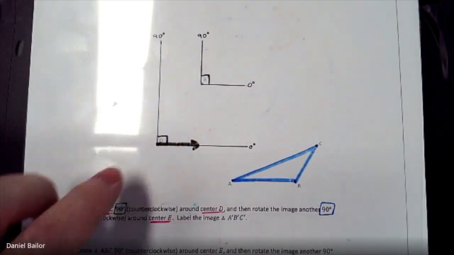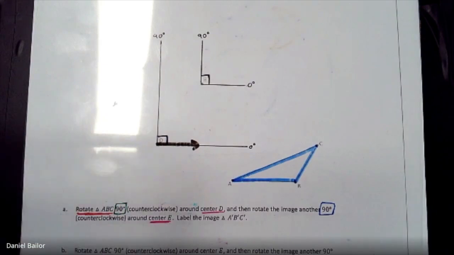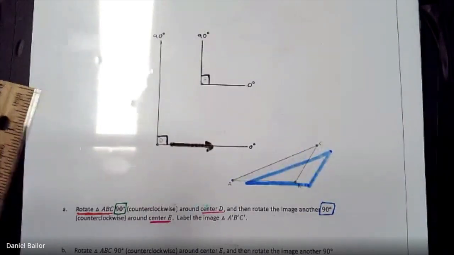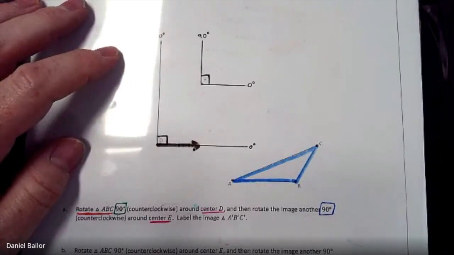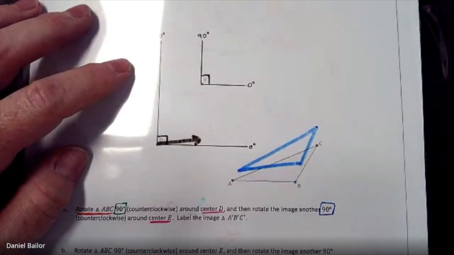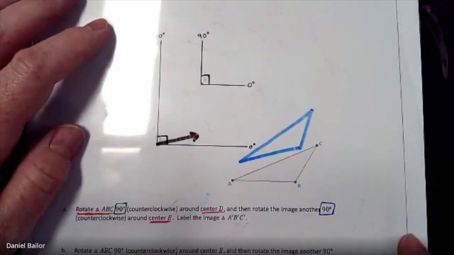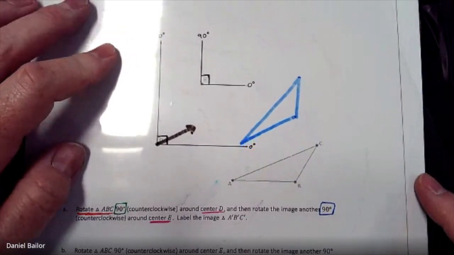Very important, you label D and you have your arrow, because the arrow is going to tell you when you hit 90 degrees. Watch. Because when I start at D and I start spinning, I need to stop at exactly 90 degrees.